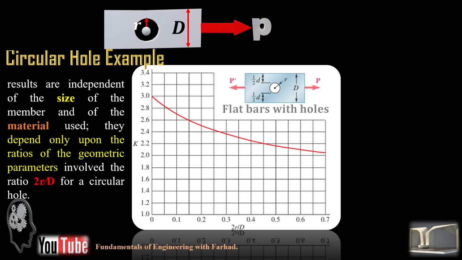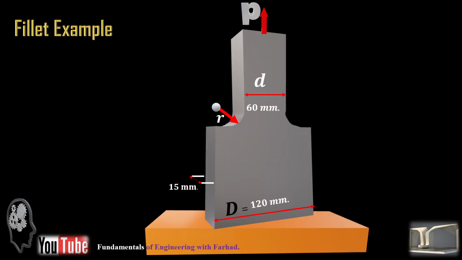If you have a fillet example like this one, the result depends on r over small d and also capital D over small d.